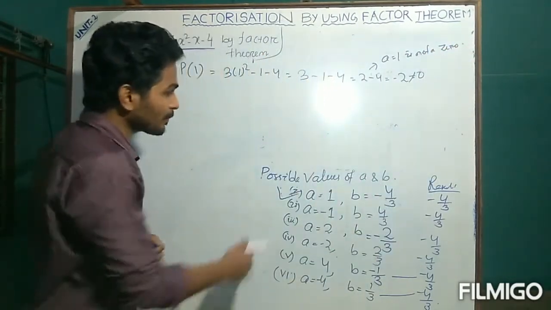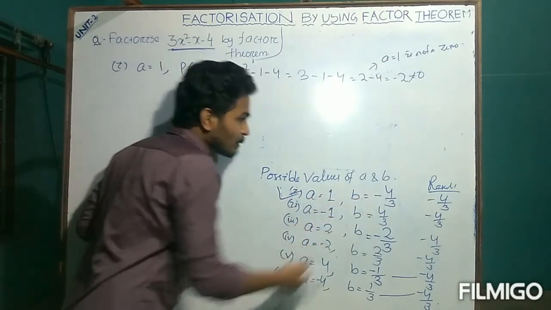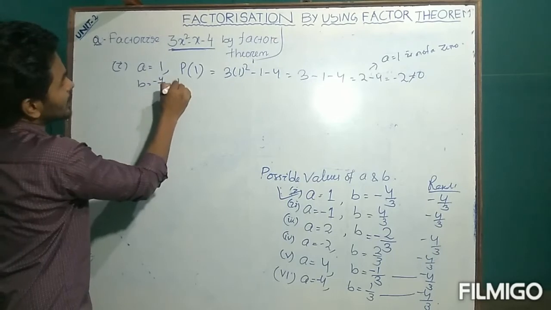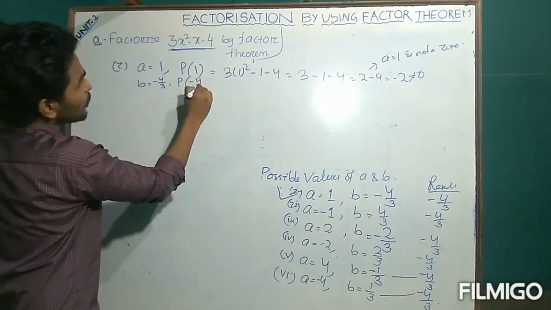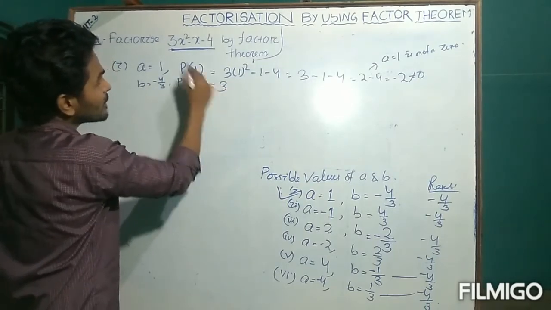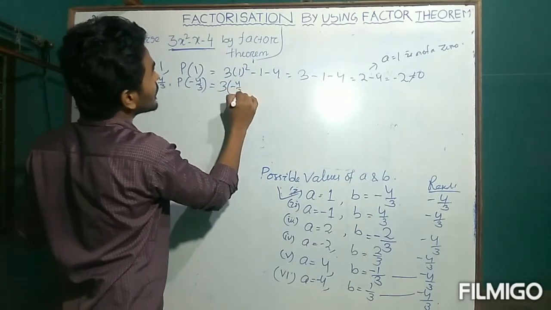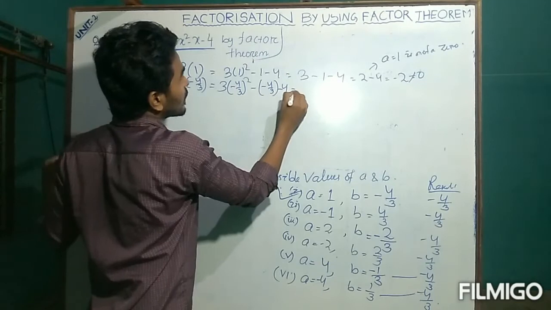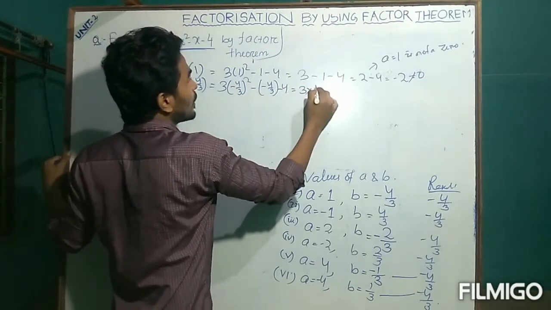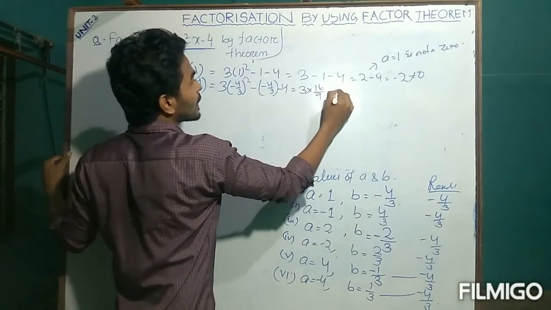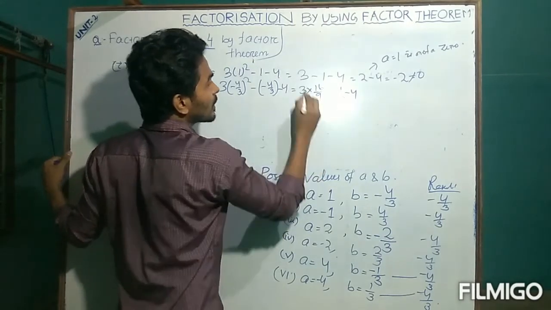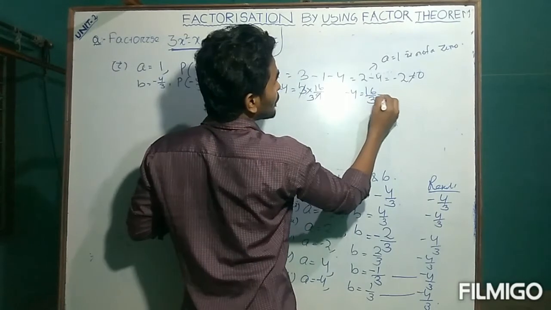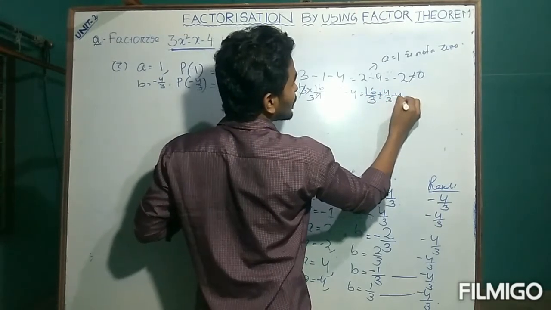The second pair is b is equal to minus 4 by 3. Let us check with b is equal to minus 4 by 3. So p of minus 4 by 3 we will find. In place of x we will put minus 4 by 3: 3 into minus 4 by 3 whole square minus minus 4 by 3 minus 4. So 3 into 16 by 9 plus 4 by 3 minus 4, which is 16 by 3 plus 4 by 3 minus 4.